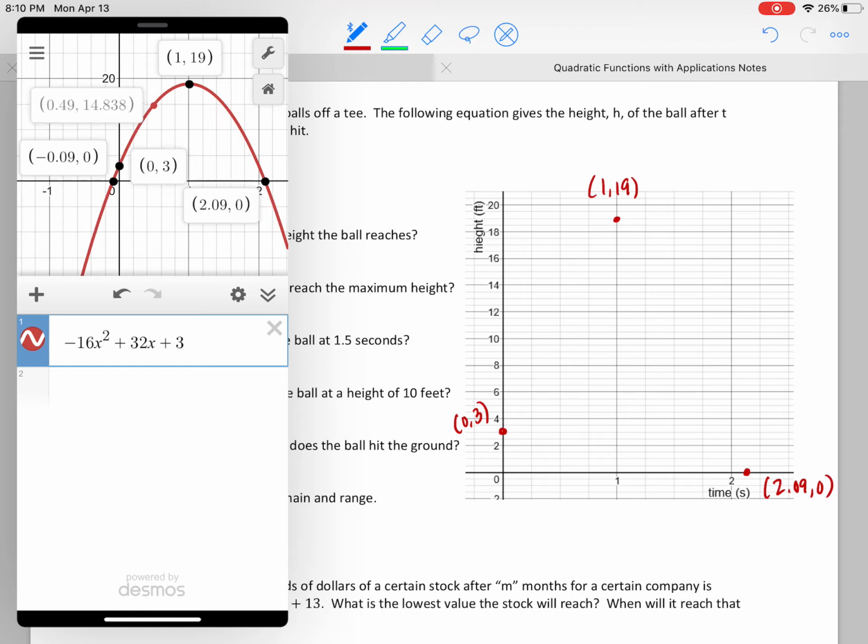So if you want to just tap on the graph, you can find additional points, like, let's see, what's happening at 1? At 1, oh, we're at (1, 19). How about a half? At a half, we're at 15. So at 0.5, we're up to 15, just to make this a little bit more accurate. And then that can be reflected. So I think this is good for us here.